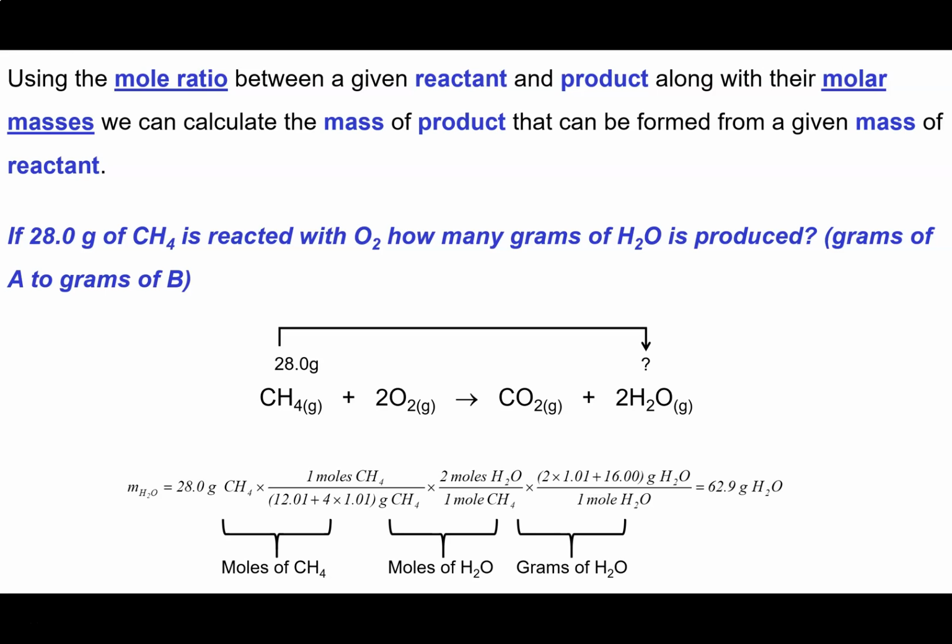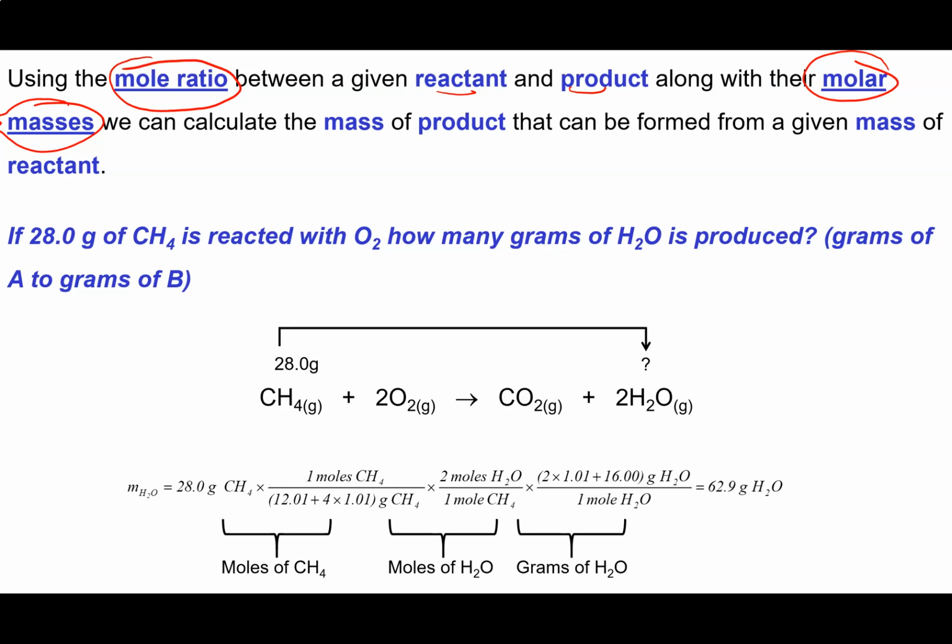The key thing is that we're going to be using the mole ratio between the two things that we're trying to relate, along with the molar masses of the two things. So if we have, say, a reactant and a product, and we have the molar mass of the reactant, the molar mass of the product, and the mole ratio, the calculation becomes fairly straightforward.